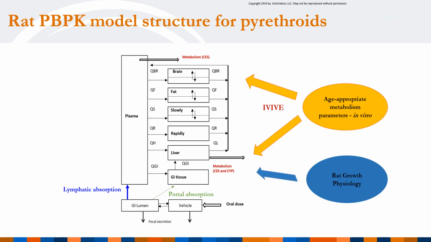So here is the PBPK model that was developed. This is the rat model, but the human model has the same structure. But let's take a look.